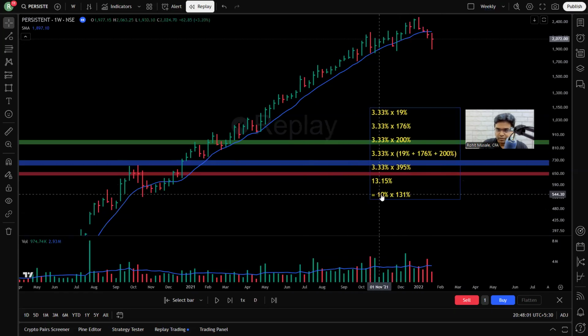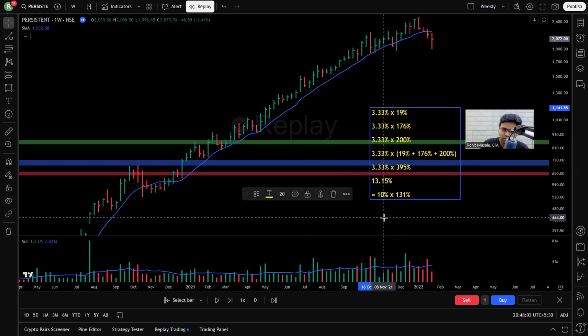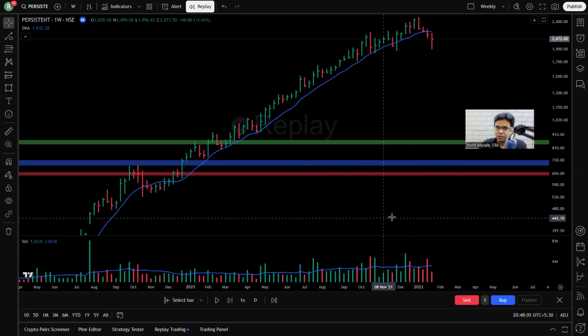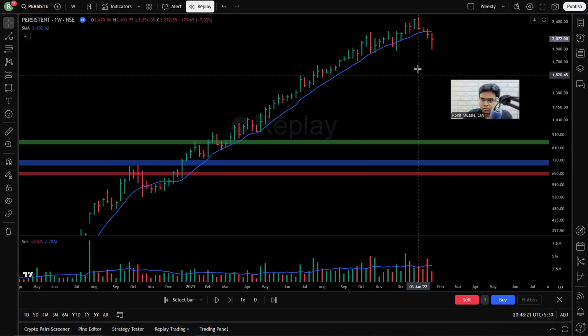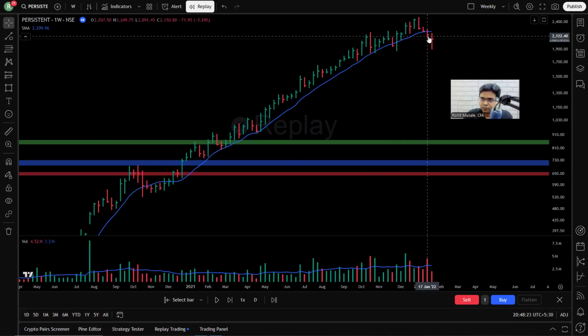So see how powerful Warren Buffett's statement was. The market does not reward you for activity. The market rewards you for being right. What activity did you do? You did only one, that is buying, then here selling one, two, three, four.